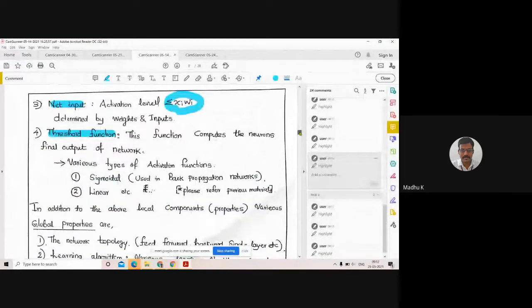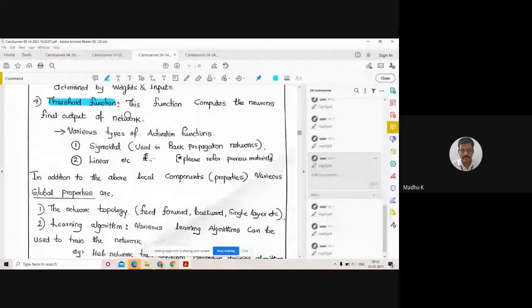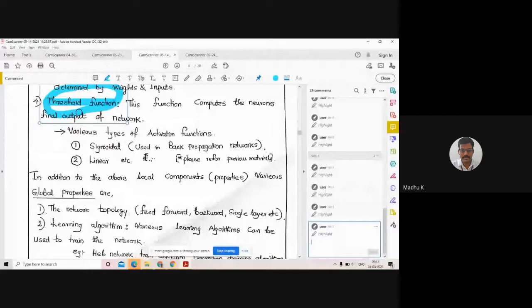This is called the threshold function or activation function. There are different activation functions. An activation function is used to compute the final output of a neuron.